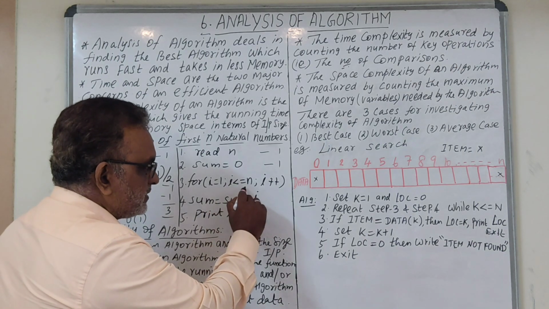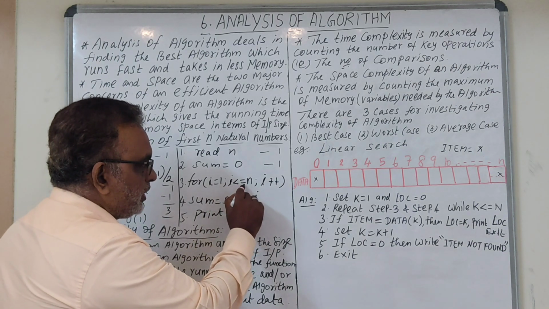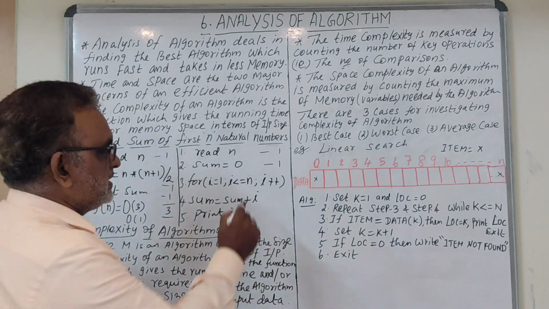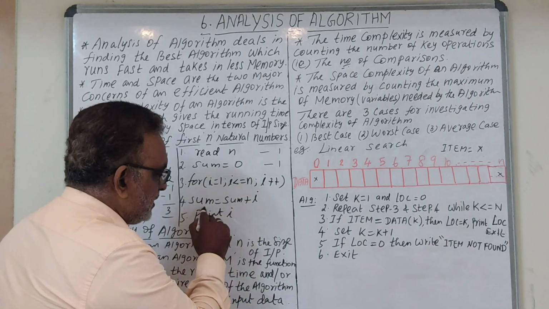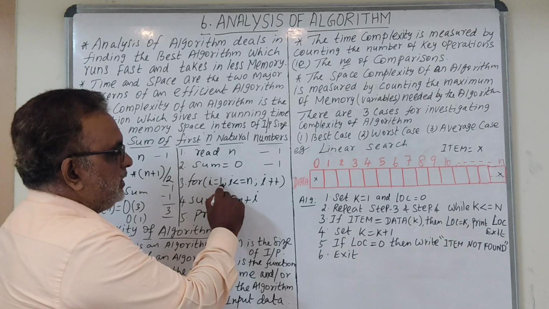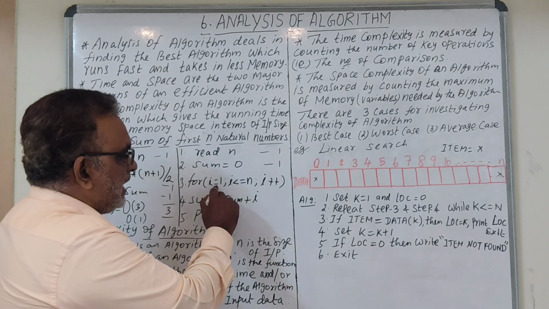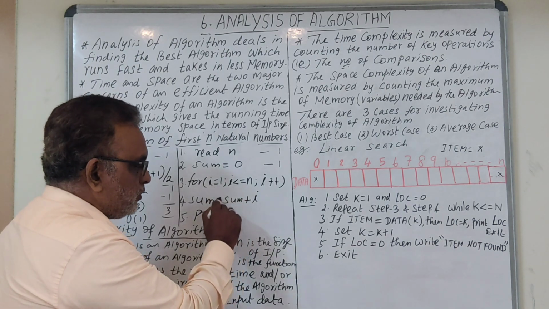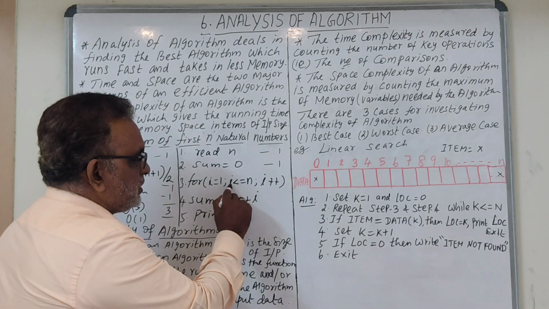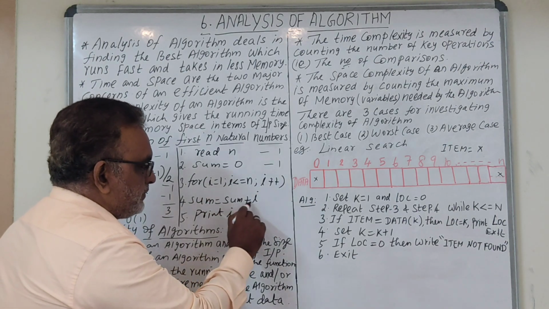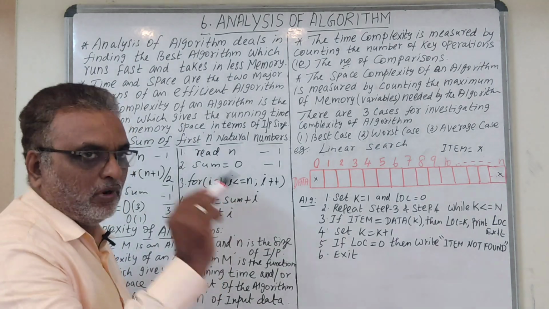The condition is checked: if i is less than or equal to n. Let us consider n is 5. If the condition is true, the statement will be executed. Then again it goes to the loop. When i is equal to 2, again it will be executed one time. Similarly, when i is equal to 5, this statement will be executed one time.